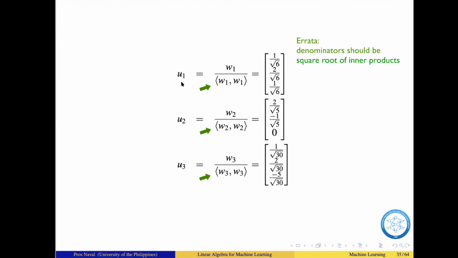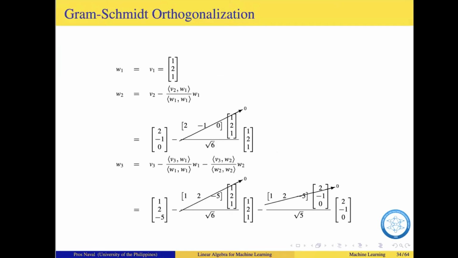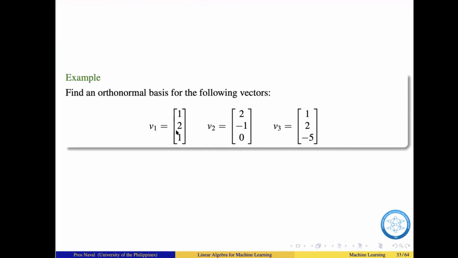The unit vectors: U1 is equal to this, U2 is equal to that, and U3 is equal to this. So the answer to this question, what is the orthonormal basis for the following vectors, is simply those vectors U1, U2, and U3.